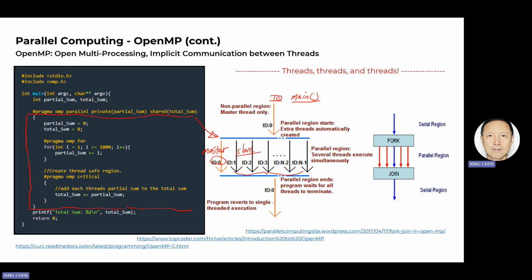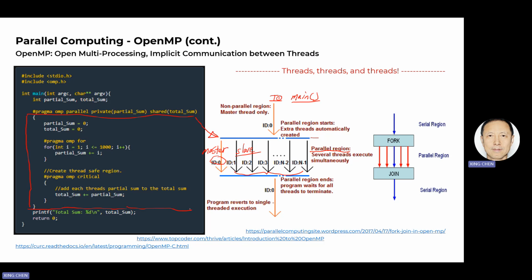The parallel region starts here, and suddenly you have lots of threads. All these threads are going to execute at the same time, simultaneously, pretty much on different hardware cores.